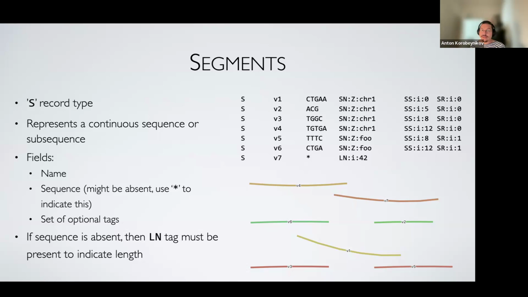The sequence might be absent, in which case you usually use the star character to represent it, plus a set of optional tags. If the sequence is absent, we still need to know the length of the segment, and for this the special length tag must be present. If you just drop this file into Bandage, it will show this set of non-connected segments.